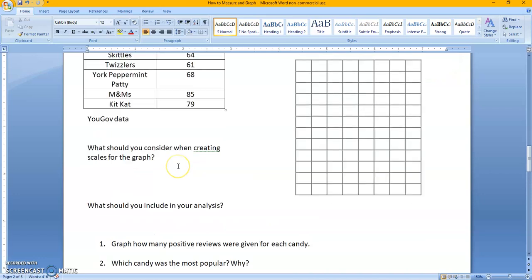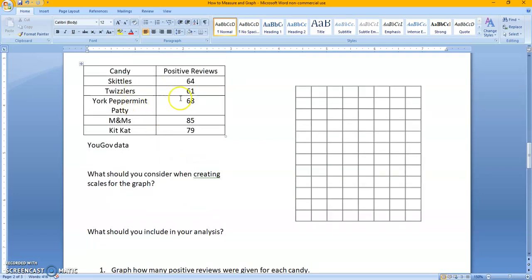In this one, we are comparing candies to how many positive reviews they have. And I just want to get a visual and see kind of what's going on. Most people are visual learners, and so therefore graphs are very helpful when you're trying to see information and understand things. So we'll use graphs a lot because it's the best way to communicate our results. All right.